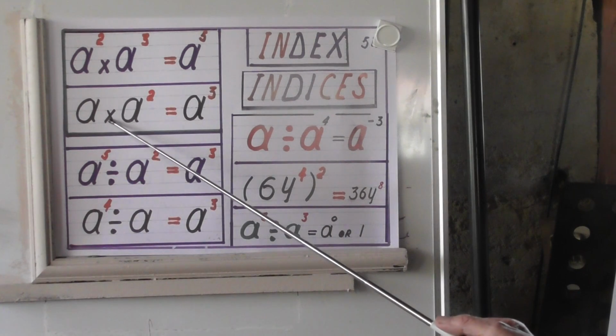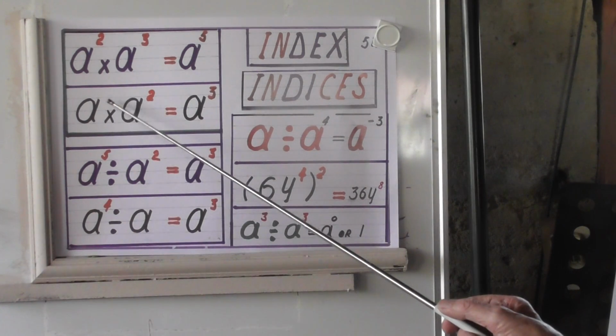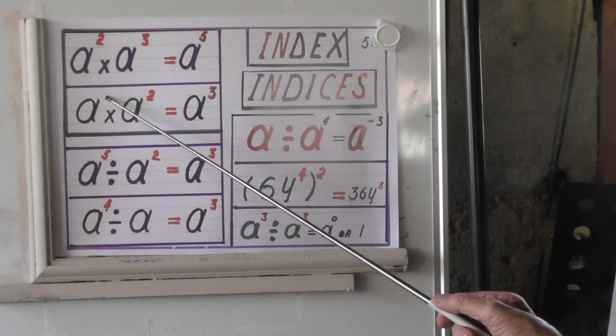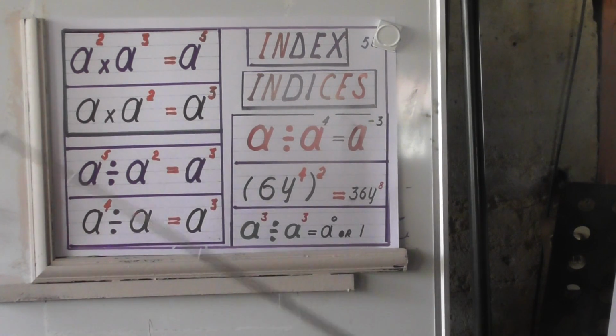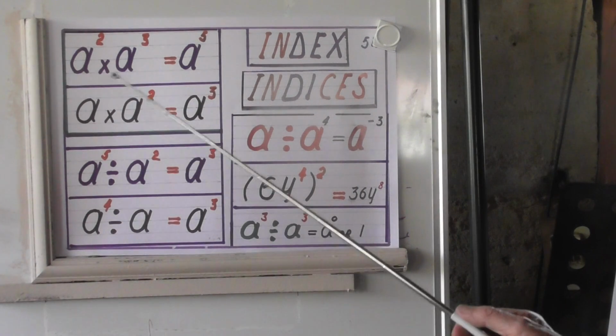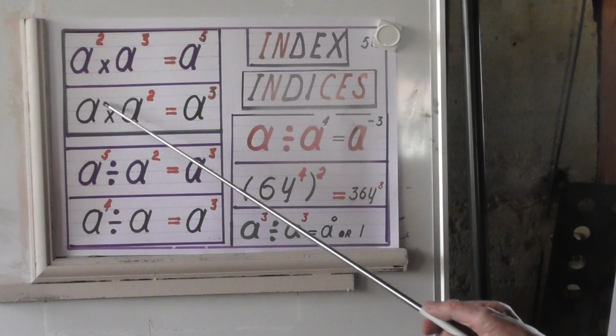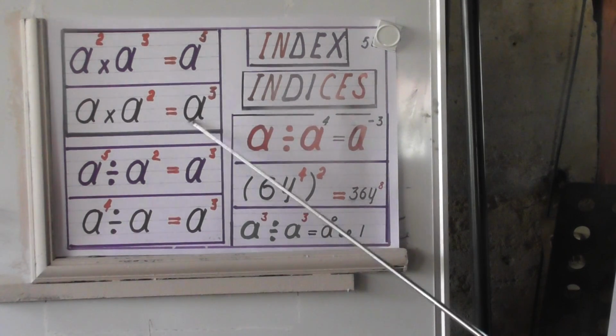It's still multiplication. The 1 is left out. This is actually a to the 1, but we don't put that 1, of course. But you still have to add 1 and 2 to get a cube.